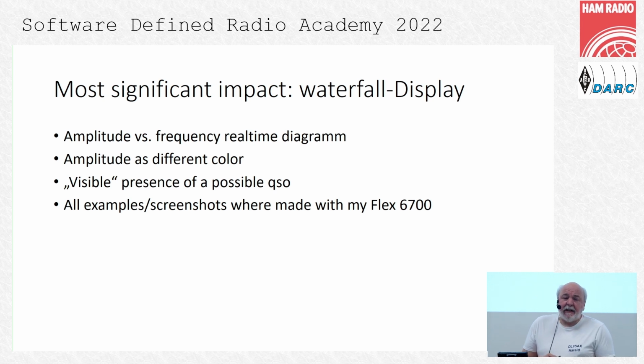The most significant impact the SDRs gave us was the waterfall display. You know that's a diagram, amplitude versus frequency, but it's in real time. The amplitude is showing us different colors, and the main goal is that we have visible the presence of possible QSOs during contests.